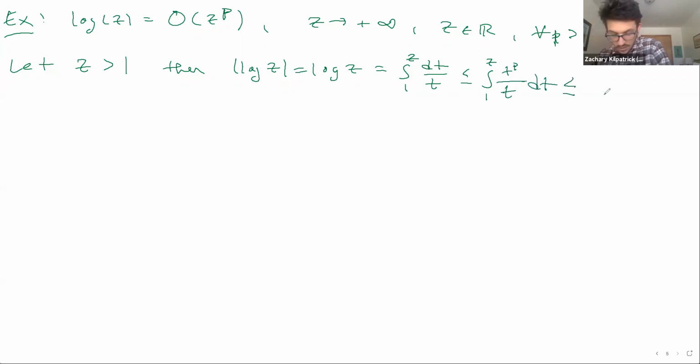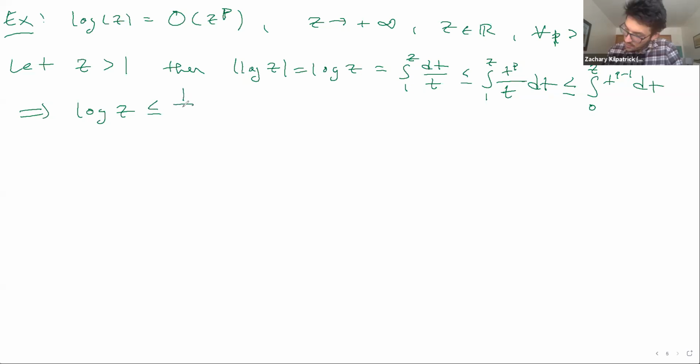So this is bounded from above by the integral from 0 up to z of t to the p minus 1 dt. Okay. So if I take that integral, then I have that log of z is going to be bounded from above by 1 over p, z to the p, okay? And I have my result, for z greater than 1 in this case.